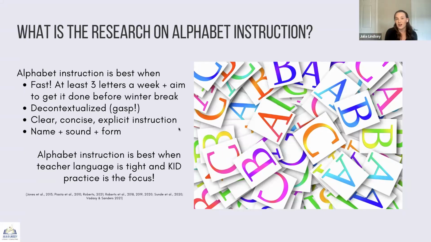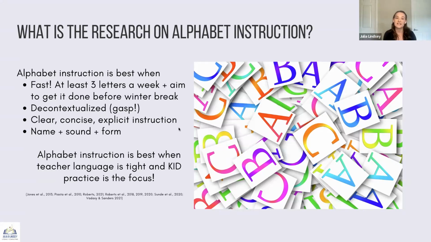A lot of kids are coming into our classrooms already knowing quite a bit about the alphabet, so we are setting it up for inequities in reading at the very beginning. But if we help our children who maybe don't have as much alphabet knowledge get that knowledge faster, they are able to catch up with their peers in a quicker way, and they're able to start using that knowledge again to read and spell. So maybe we won't have as many inequitable outcomes in the long run. So if we teach the alphabet faster, we're giving kids greater access to starting to use the alphabet.